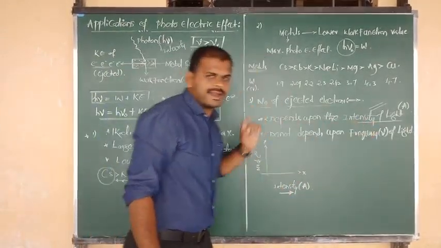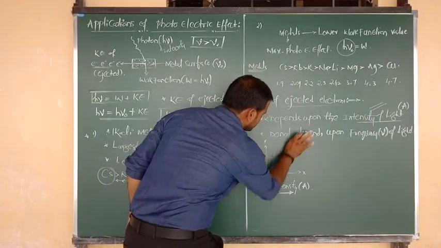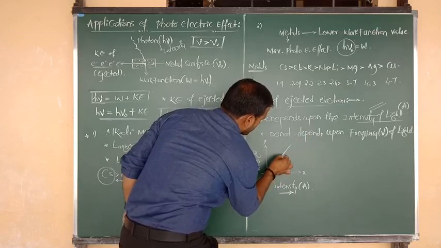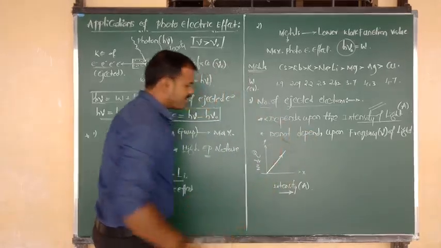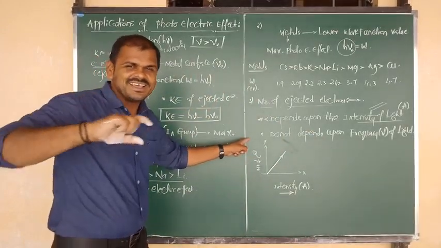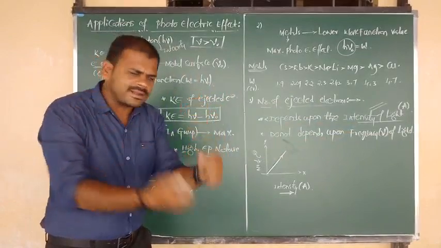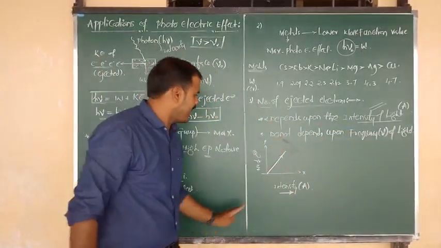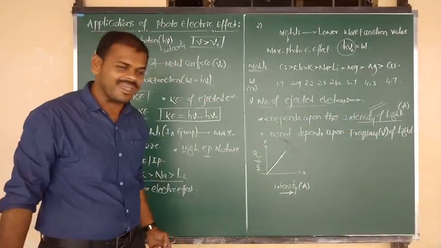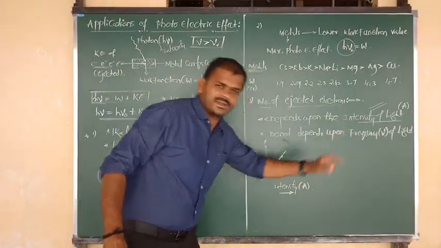So we can draw a graph like this. But the number of ejected electrons won't depend upon the frequency.